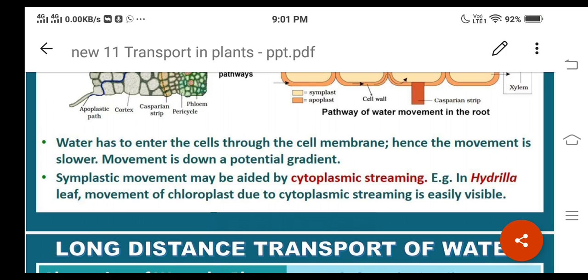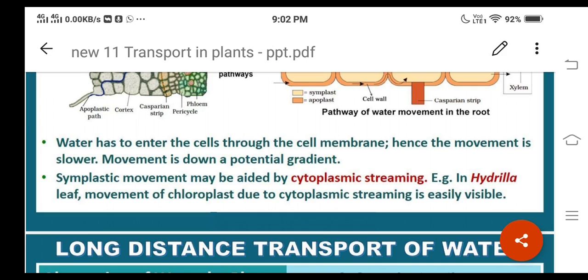But when compared to apoplast, it will be a little bit slow. Water has to enter the cells through the cell membrane, hence the movement is relatively slower in case of symplast, right? Finally, what we have studied here: symplastic movement may be aided by cytoplasmic streaming, right?